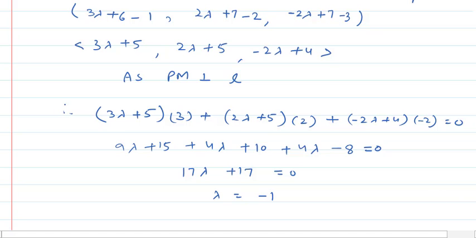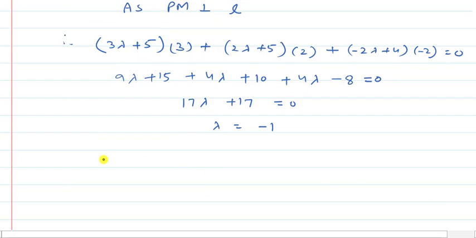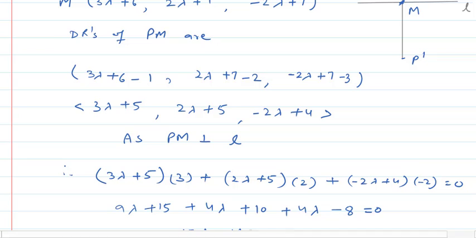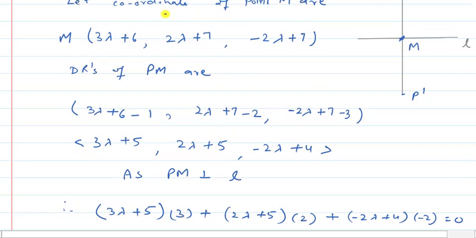Therefore, we can easily find out the foot of perpendicular, that is the coordinates of M now. So the coordinates of M are by putting the value of lambda as minus 1 in the coordinates of M which we are having over here.